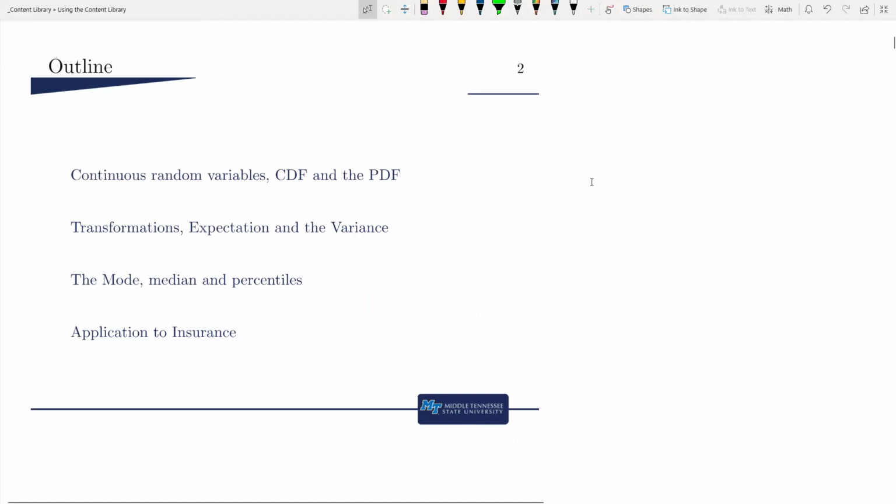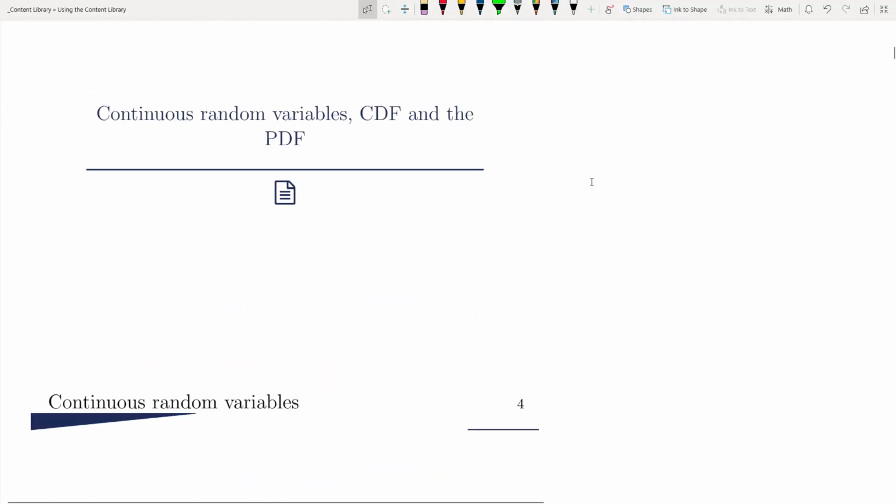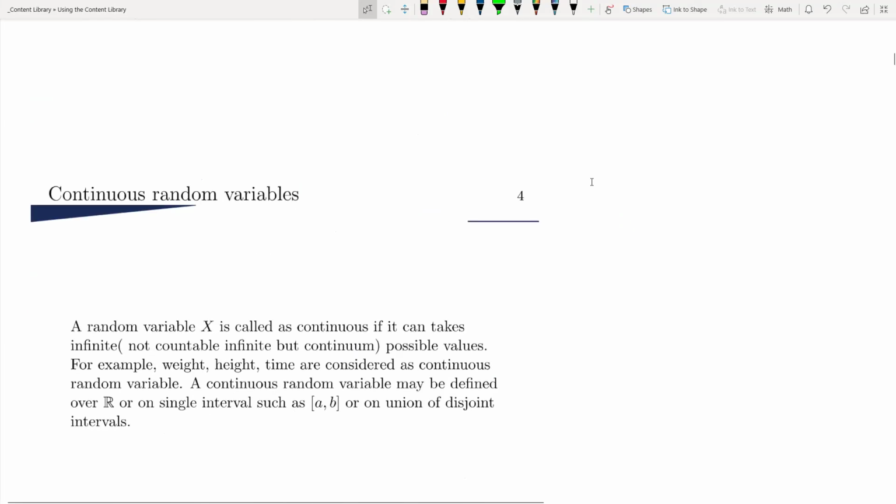other continuous probability distributions. So random variable X is continuous if its possible values basically consist of either a single interval of real numbers or a union of disjoint intervals.